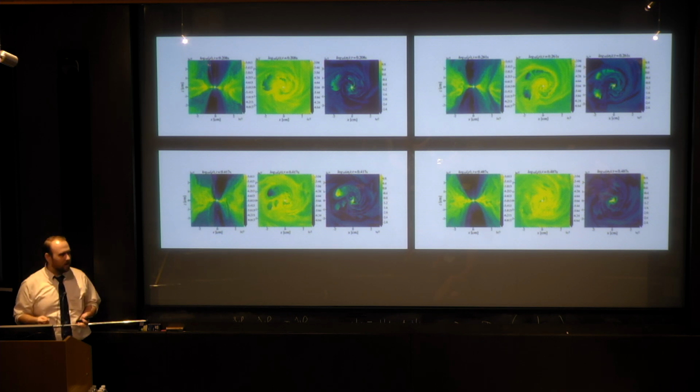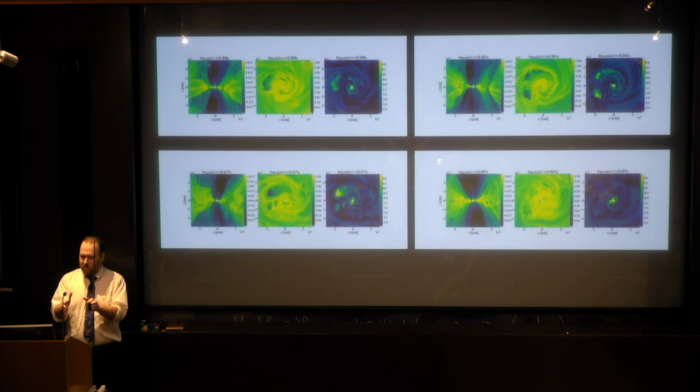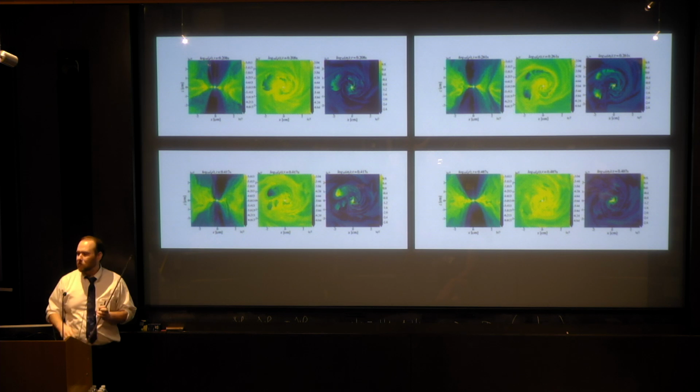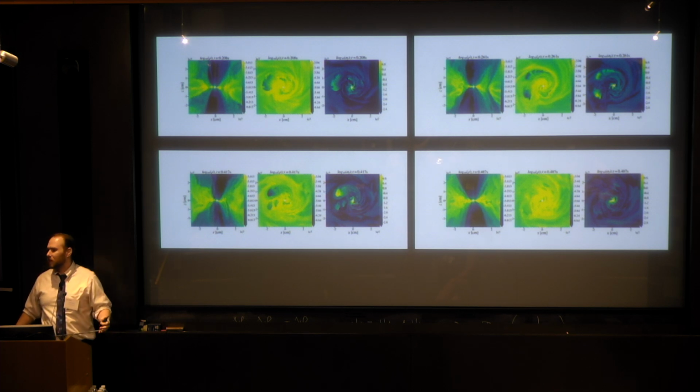Because the black hole is not rotating, you have this magnetic flux still accreting onto the black hole. The black hole's not spinning, but the disk is spinning very rapidly. So you get a very similar mechanism, but it's not nearly as powerful because you're extracting rotational energy from the disk, not from the black hole.